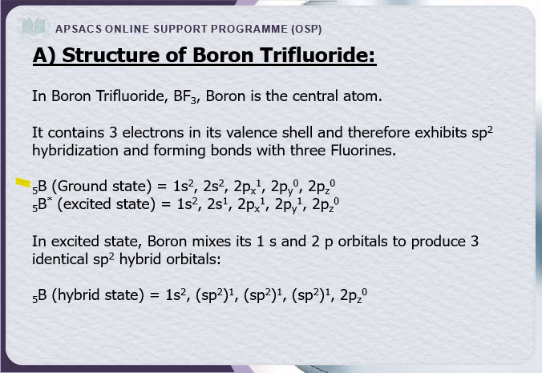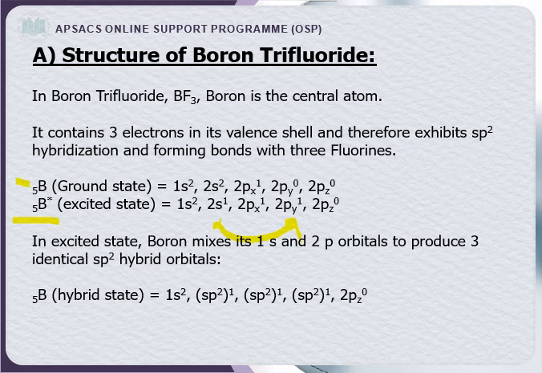Now there comes an excited state, represented by B star. This excited state shows that one electron transitions from 2s to 2p, by which three unpaired electrons originate, meaning it can go for three bond formations. After this excitation, it will go for hybridization.